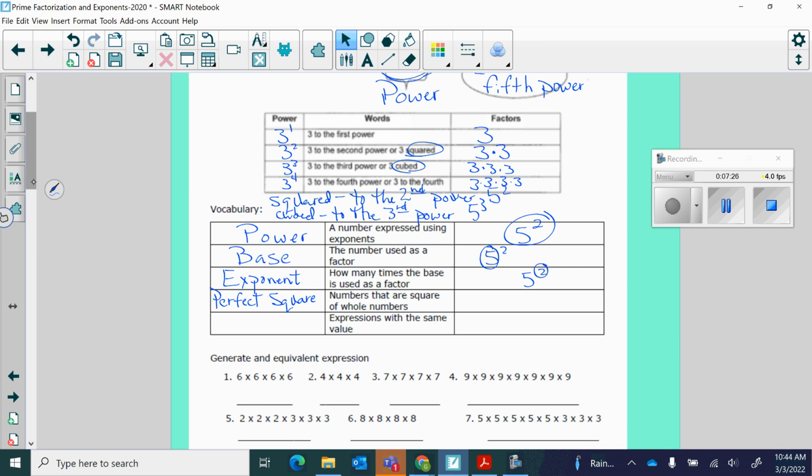So for example, 5 squared equals, what's 5 times 5? 25. So 25 is said to be the perfect square of 5. Some other perfect squares are numbers like 9, because that's 3 times 3, and 16, because that's 4 times 4. Make sense?